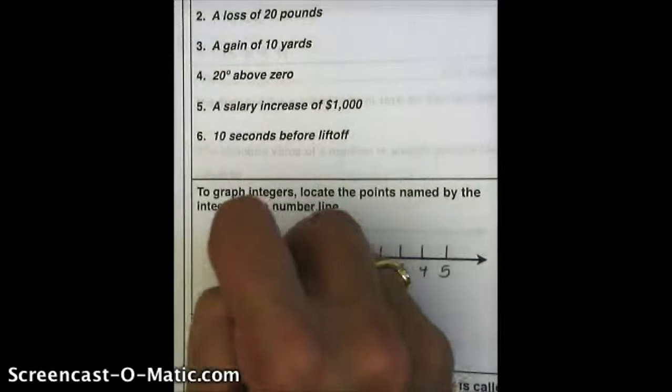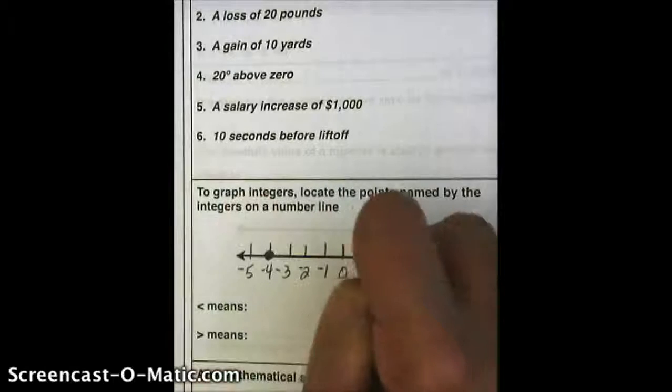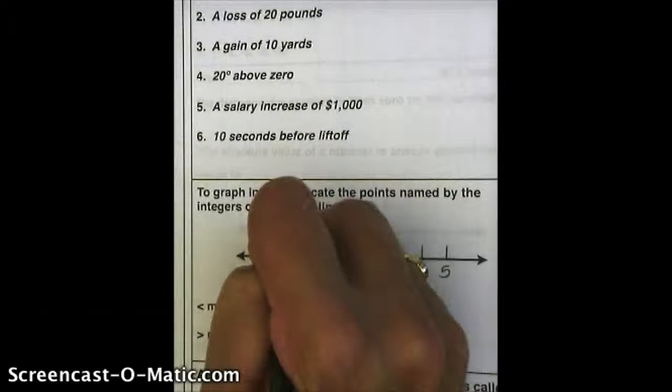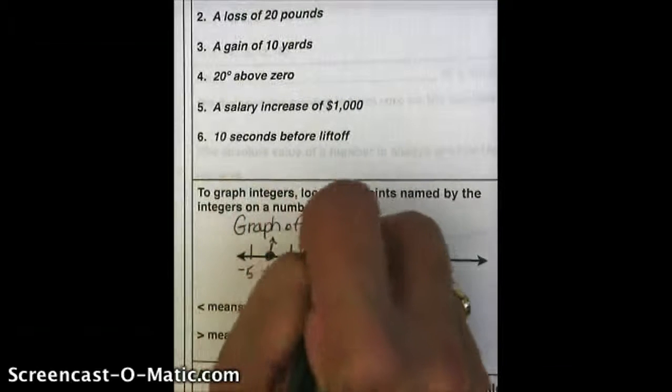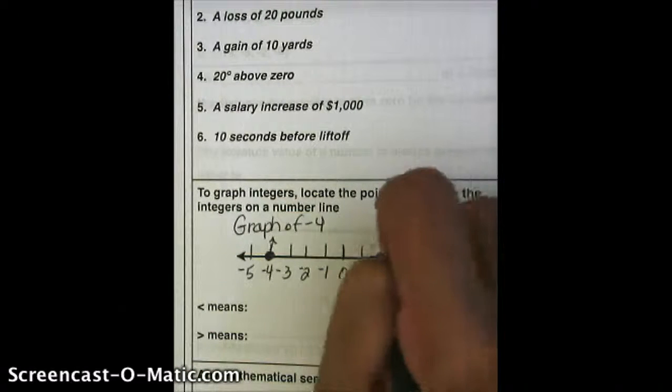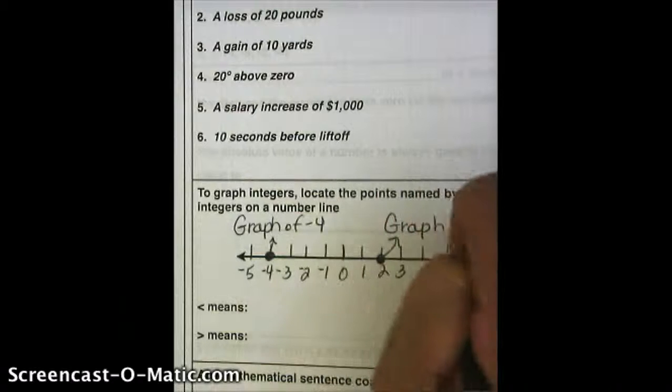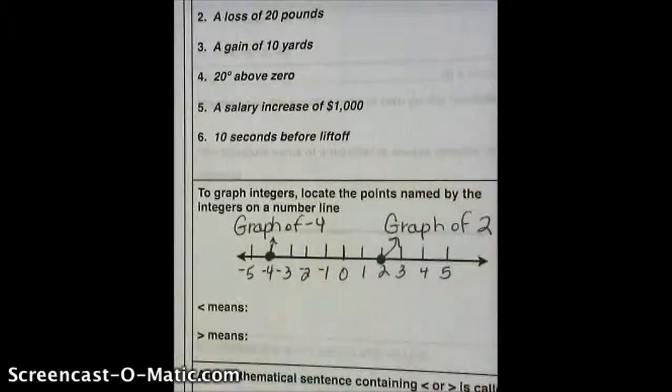And if I have a dot located at the negative 4 and the positive 2, then this point would be the graph of negative 4, and this point would be the graph of positive 2.